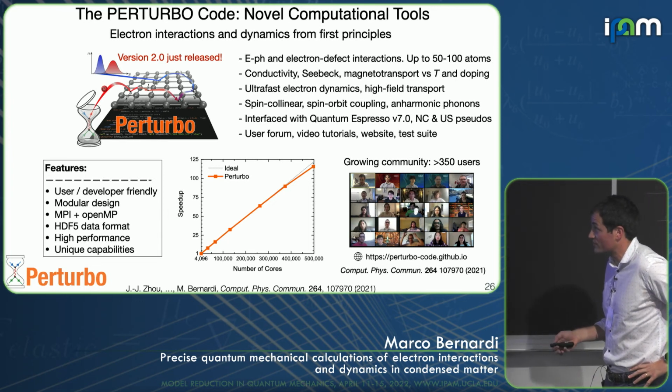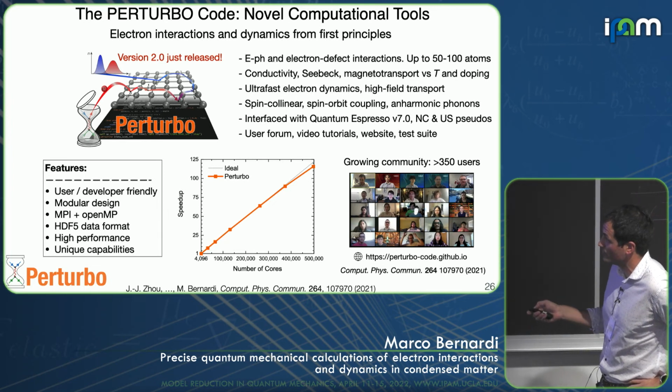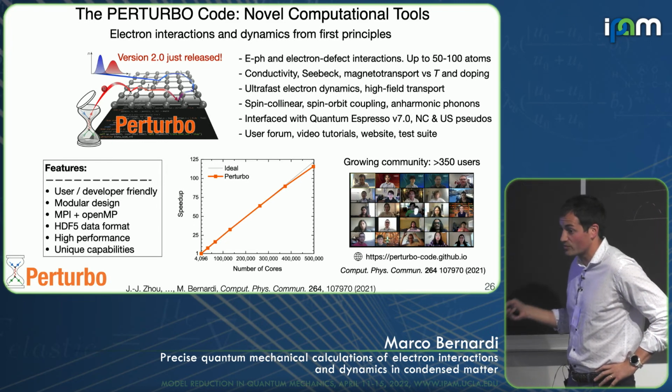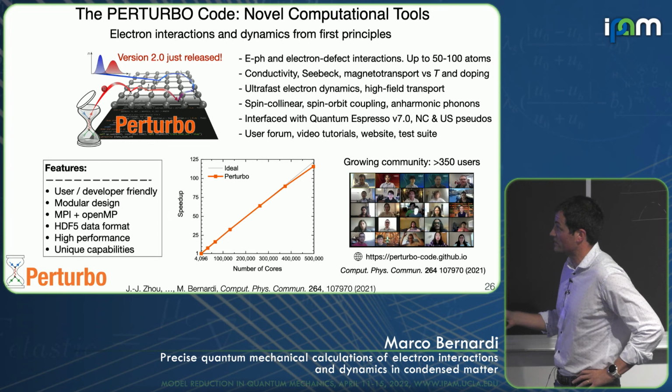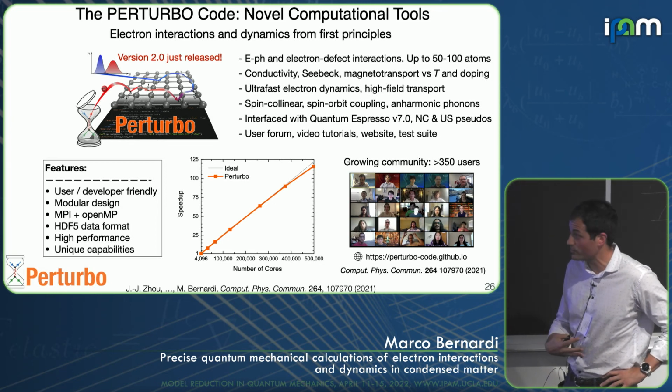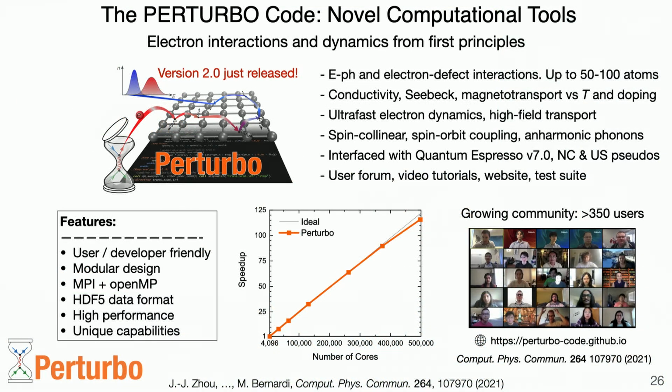the community interest in these topics, we have released the first version of Perturbo. This is an open source code that is a broad platform for computing electron interactions and dynamics from first principles. We have recently released version 2 that has even more capabilities.